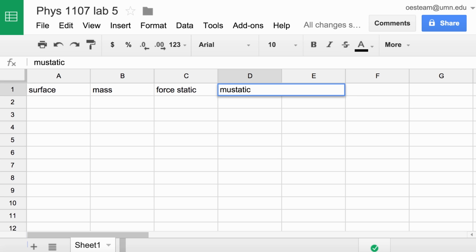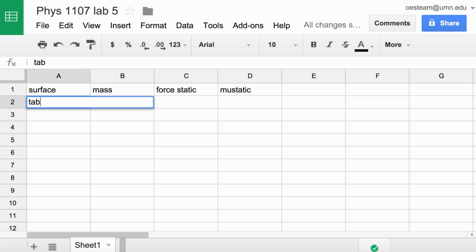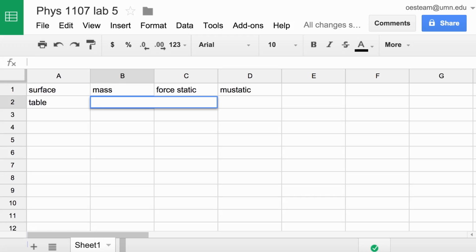Okay, now we fill in all these numbers. The first column is the surface, which is just the table. The mass is the sled by itself, which was 90 grams. It's a good idea to keep things in kilograms here, so 90 grams is 0.090 kilograms. The force static that we got was 0.26 newtons.